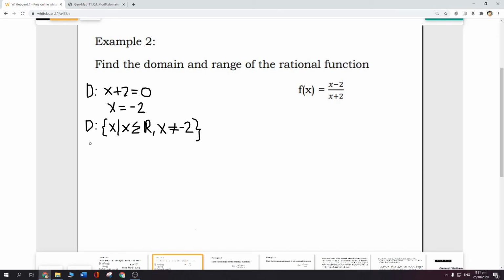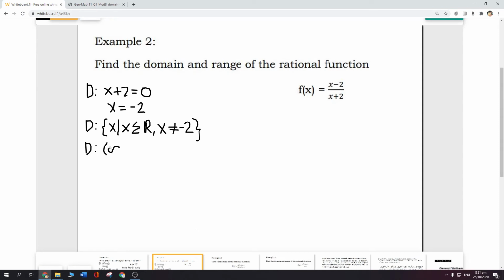At the same time, we can express our domain as interval notation. So to do this, we have to write open parentheses.